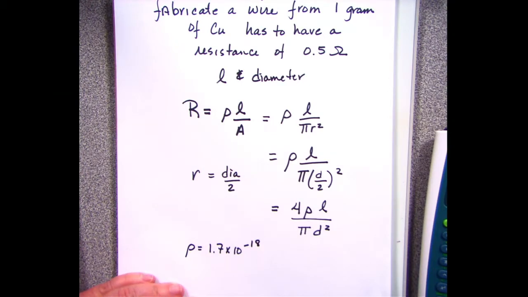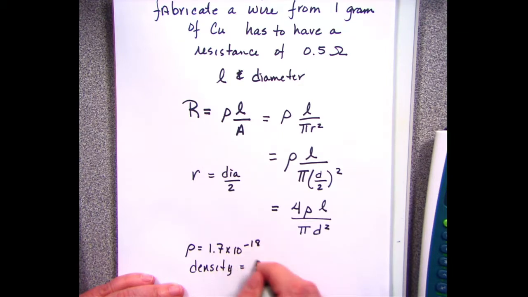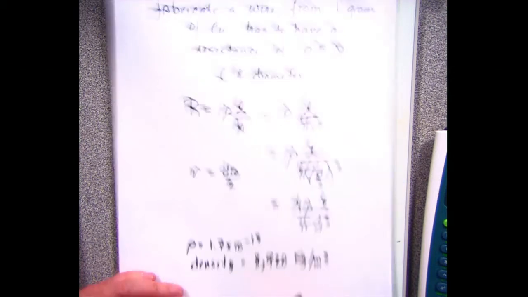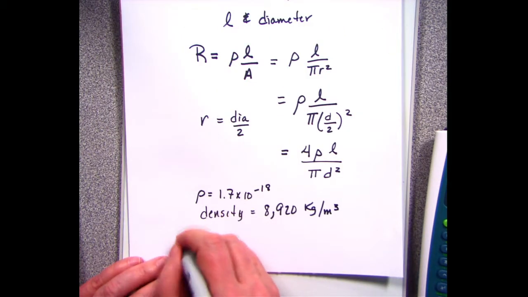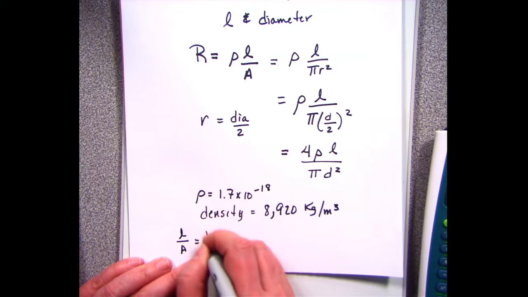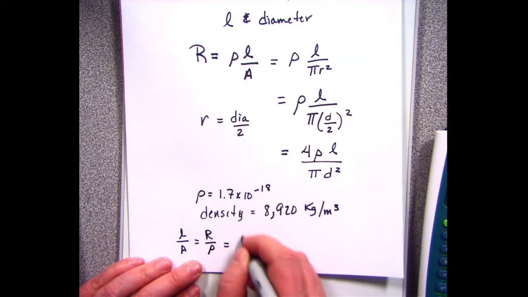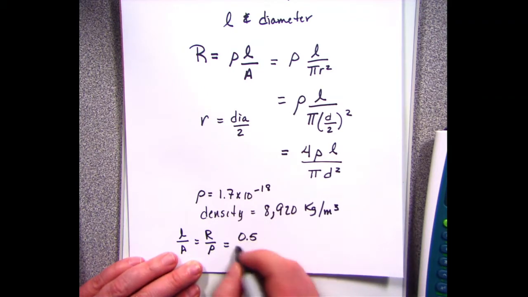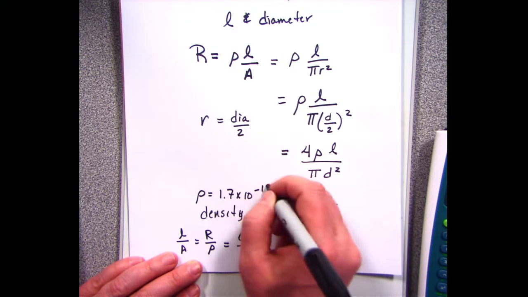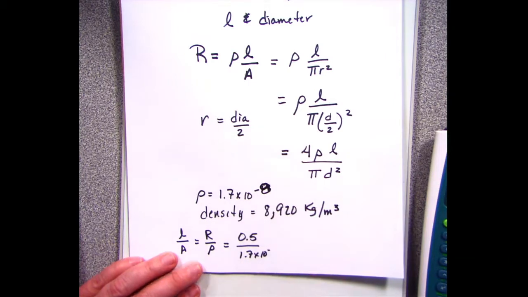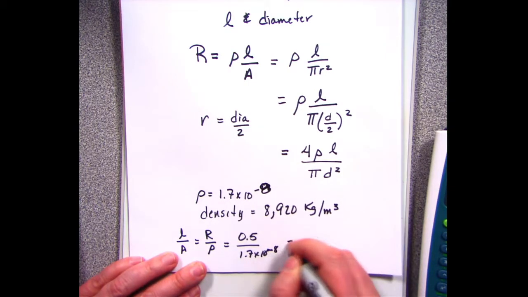We can find L over A, if we need, which is resistance divided by resistivity, 0.5 divided by 1.7 times 10 to the minus 8. That gives me 2.94 times 10 to the 7th, 1 over meters. Because resistance is in ohms and resistivity is in ohm meters, the ohms cancel, so it's 1 over meters.